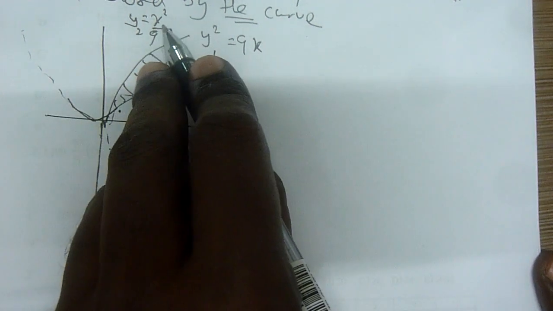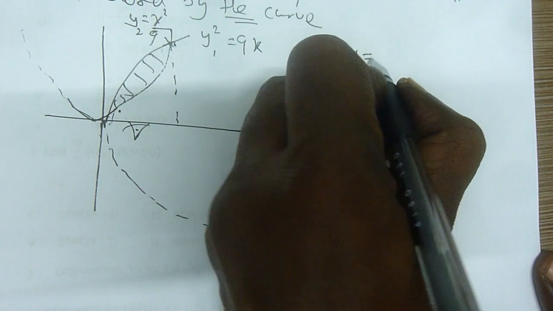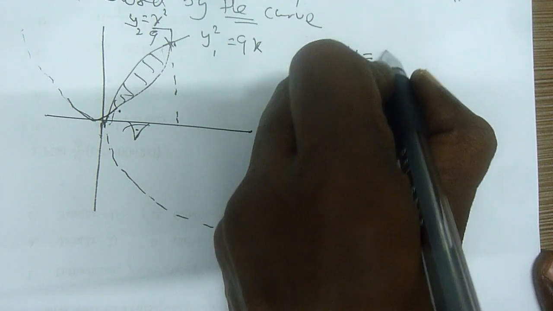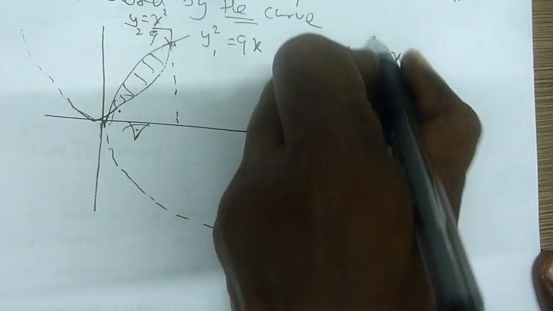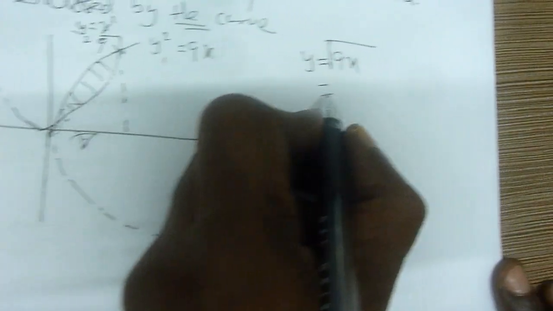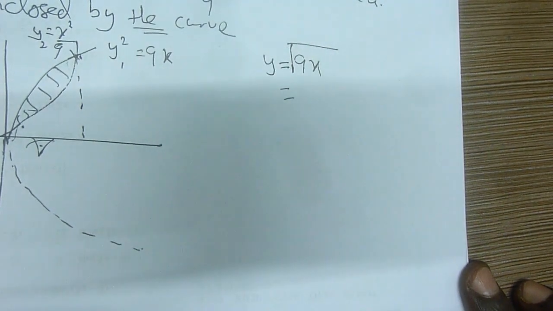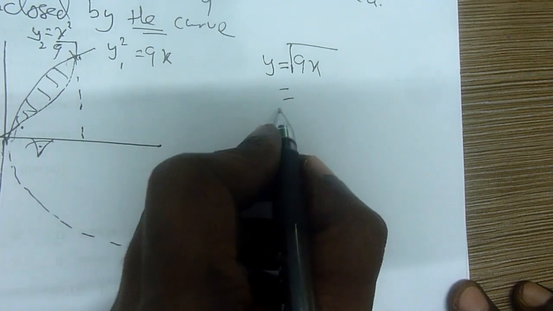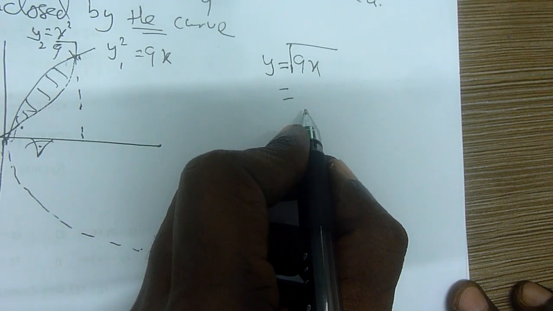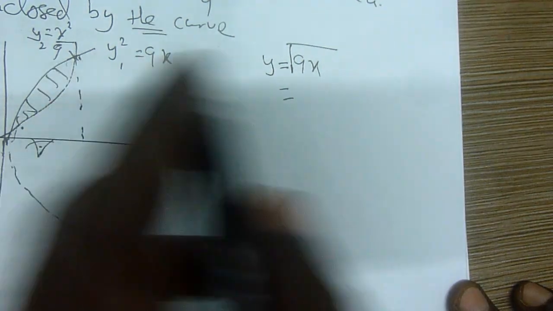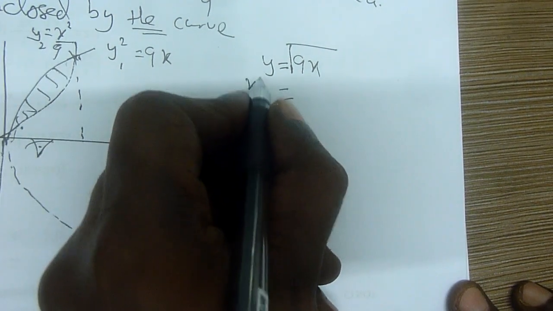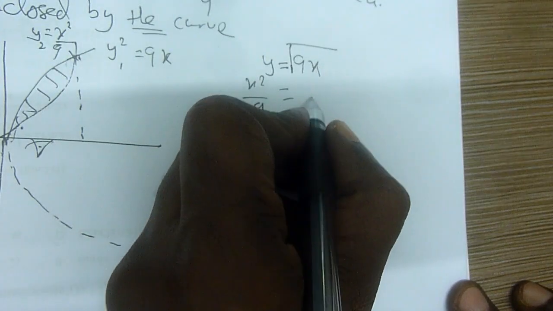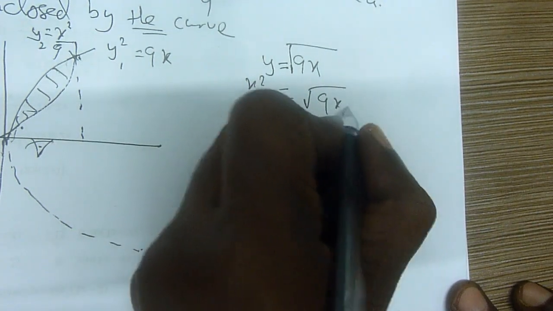Basically, I'll try to put it here. This y equals the square root of 9x. Therefore you first calculate this point. This is x²/9 equals the square root of 9x.